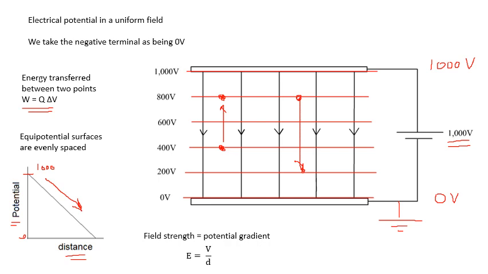My field strength is uniform. It's a uniform field. And my potential gradient is V over D. How do you get gradient? Well, it's V over D. That's the gradient. Hopefully everything's clicking, it's coming together, it's making sense.